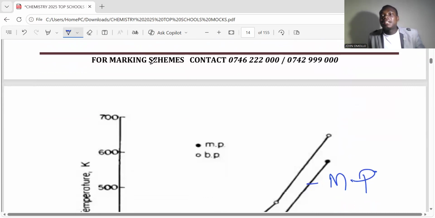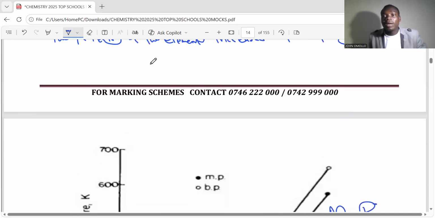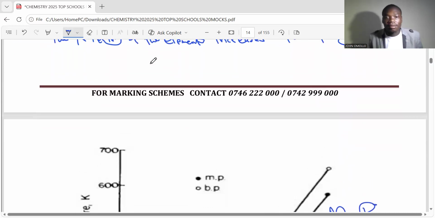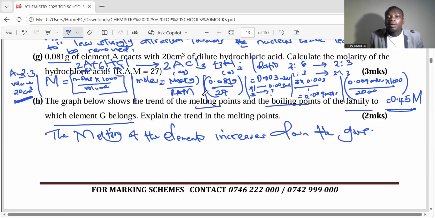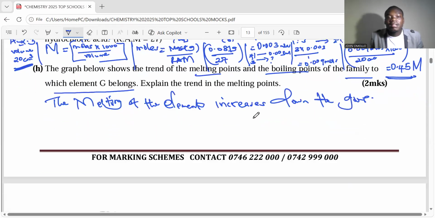the number of energy levels increases. And when the number of energy levels increases, there is stronger nuclear forces of attraction. So that when there is stronger nuclear forces of attraction, the particles, for them to be broken down, there will be stronger boiling point and strong melting point.